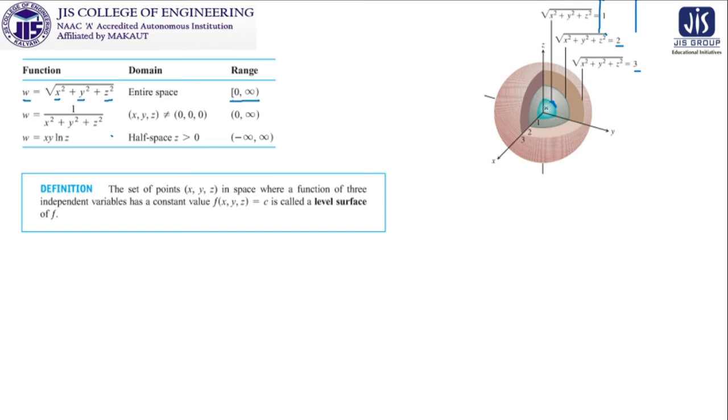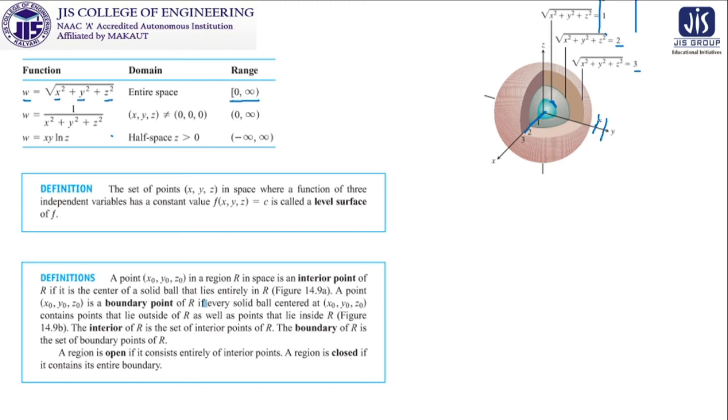So this bluish surface is nothing but root over x square plus y square plus z square equal to 1, this surface, and this ash color is for 2, and the outer portion is here for 3. In this manner, look at this, this length is 1, this length is 2, this whole length is 3. So if you want to make it 4, 5, then it will be another, and so on.